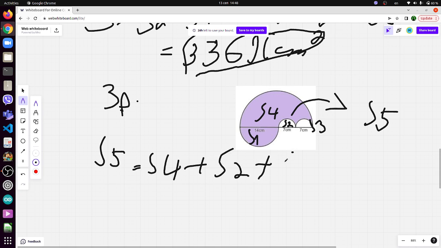S5 is the second half circle, and we need to find how much is S1 plus S4 because we need to shade it again.